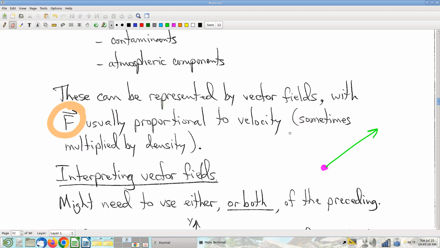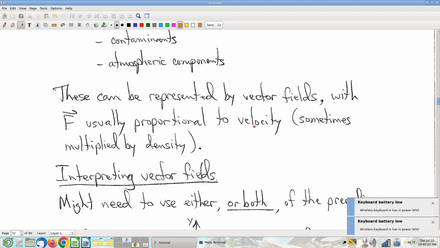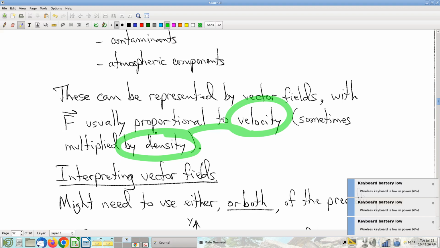It does turn out, though, that in some cases it actually makes sense for the field vector to be velocity times density, and the reason for that we'll maybe talk about later, but arguably a digression. But anyway, heads up that sometimes it's velocity times density.